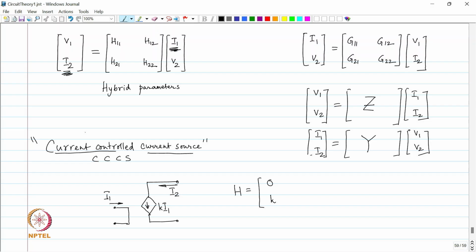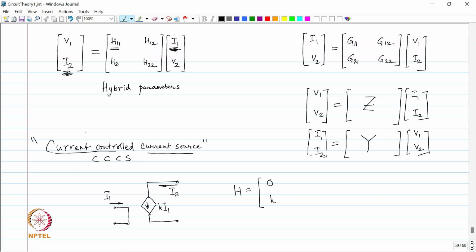So, over here V1 I2 is equal to some H matrix times I1 V2. If I want to find out H11, then what will I do? V1 is equal to H11 times I1 plus H12 times V2. How will I do it? I will set V2 equal to 0 and then measure V1, and that will be H11 times I1.